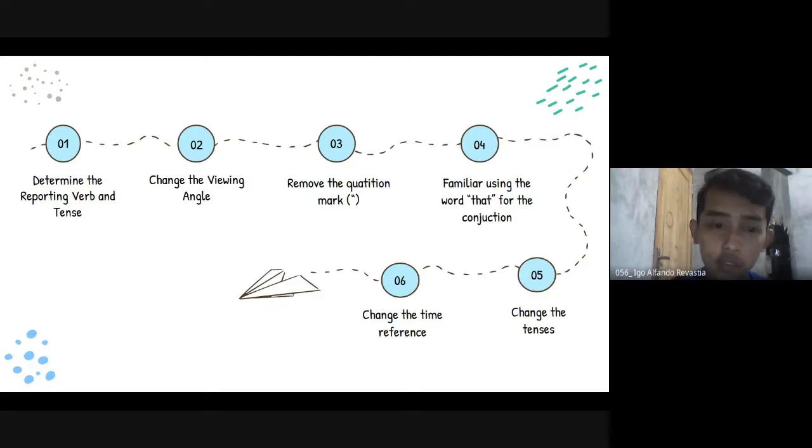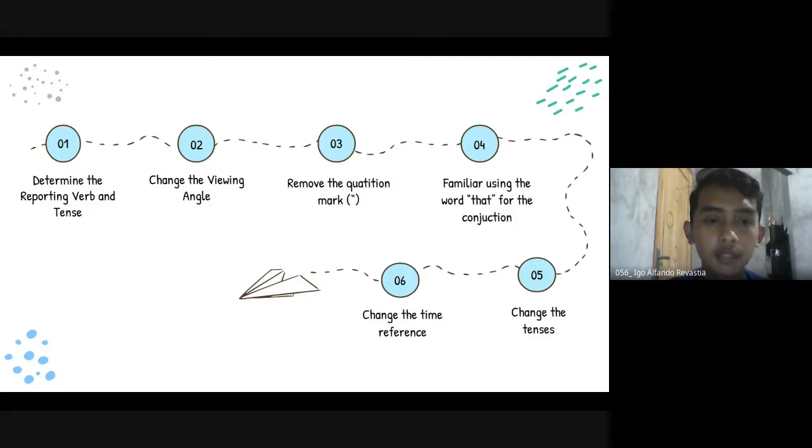In number 3, remove the quotation mark atau tanda petik. Number 4, familiar using the word that for the conjunction. In number 5, change the tenses. Tenses contained in direct speech must be changed into other forms so that the reported speech is easily accepted by listeners.